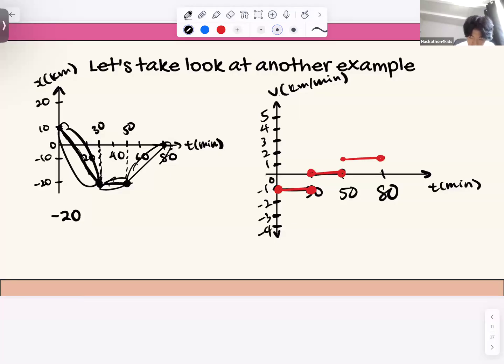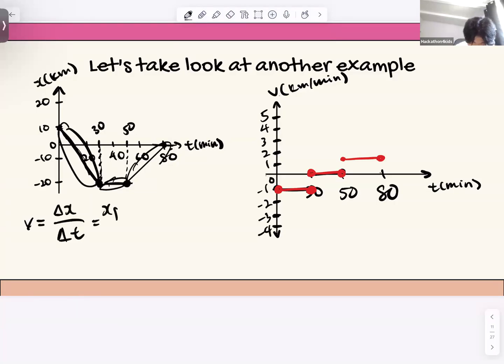And then they start at 10. I should probably write down the formula actually. Okay, so final position at 30 minutes is -20.